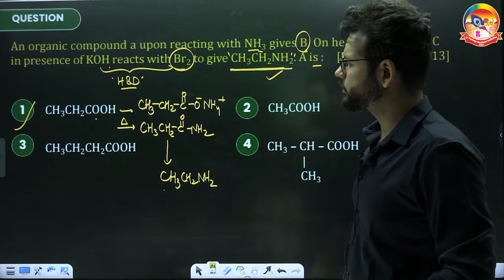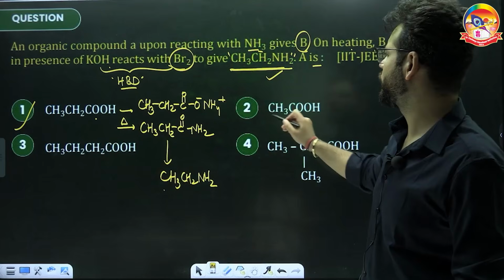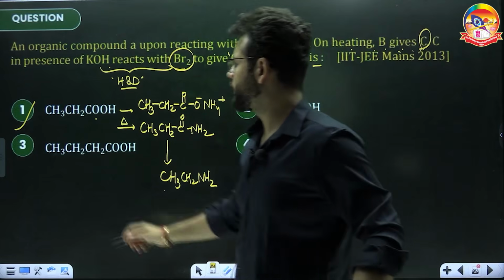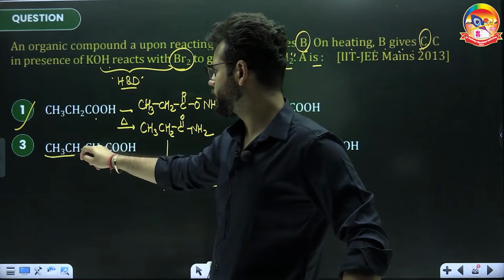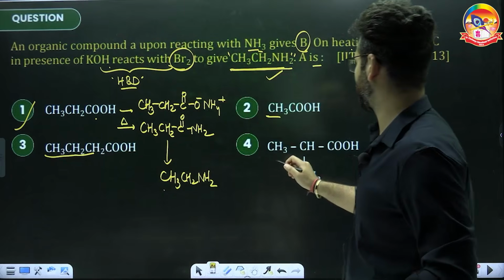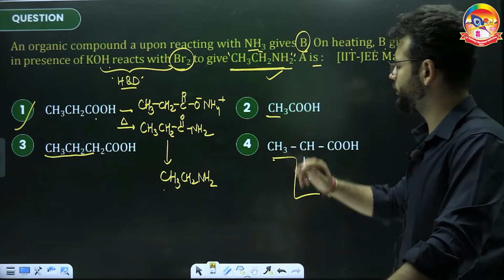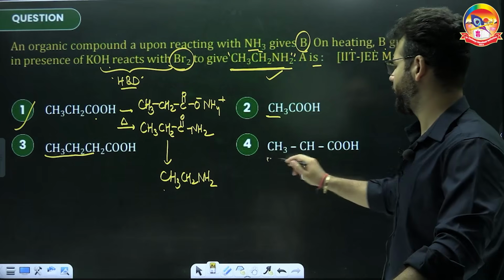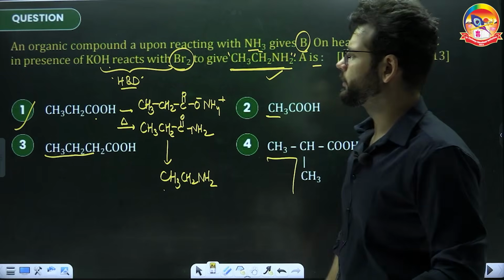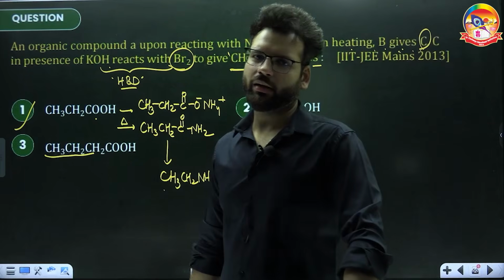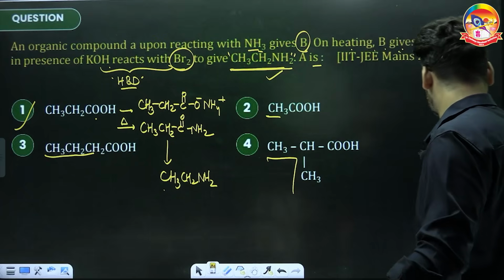Others are also going to give you some products, but this will give you a 1 carbon product. This will give you a 3 carbon product. It will again give you a 3 carbon product, which will be isopropyl amine. So option A is the only option possible here.